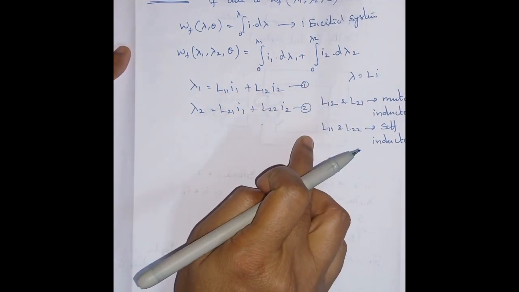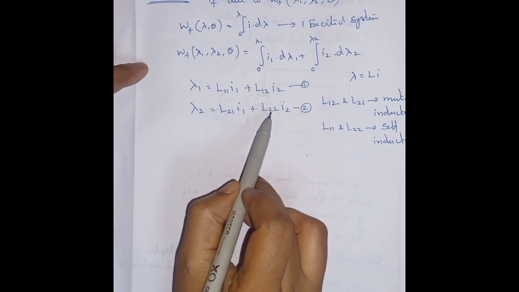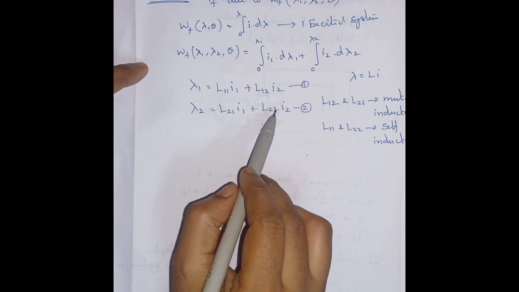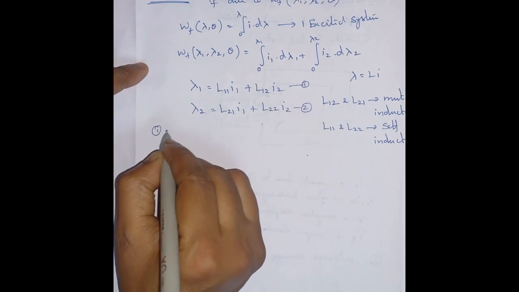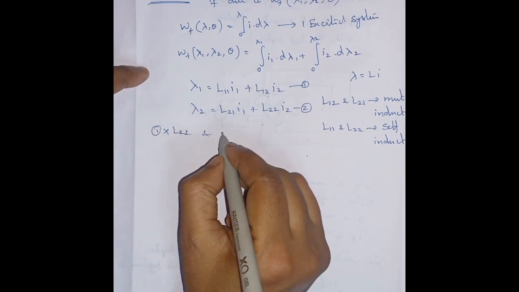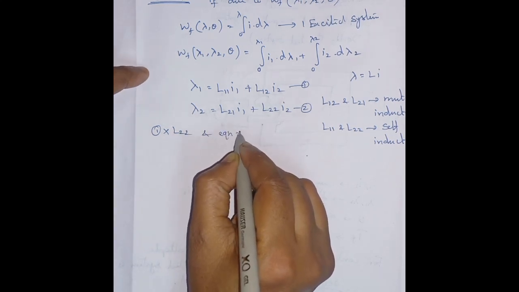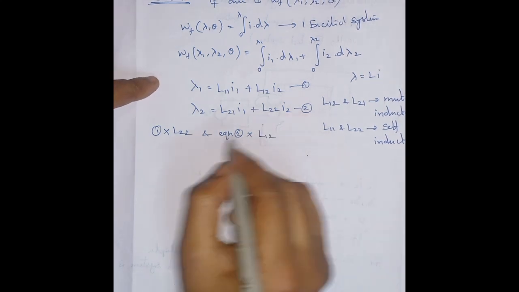First we eliminate I2. To eliminate I2, let us see which we should multiply the first equation by and which the second equation by. So here equation 1 should be multiplied by L22 and equation 2 should be multiplied by L12, so that we can eliminate this one.